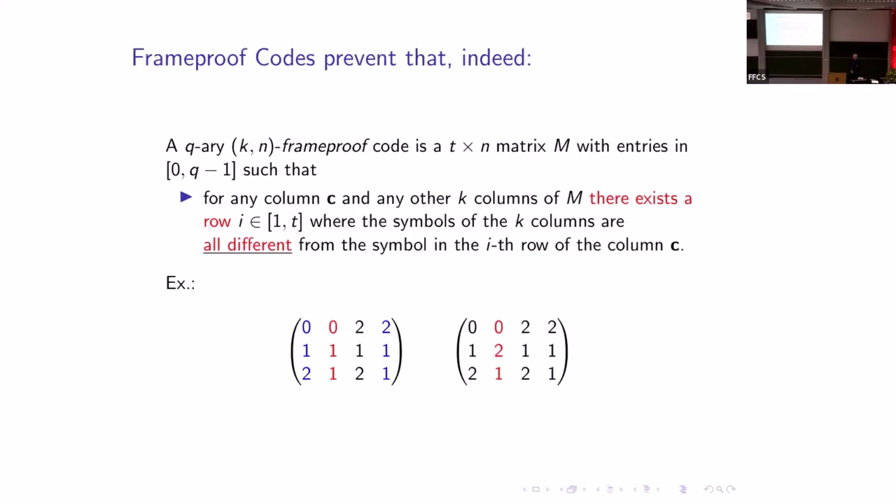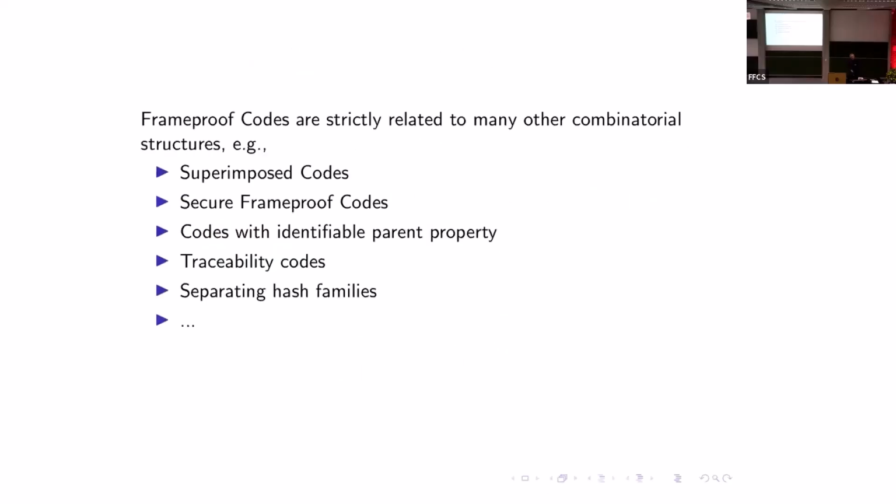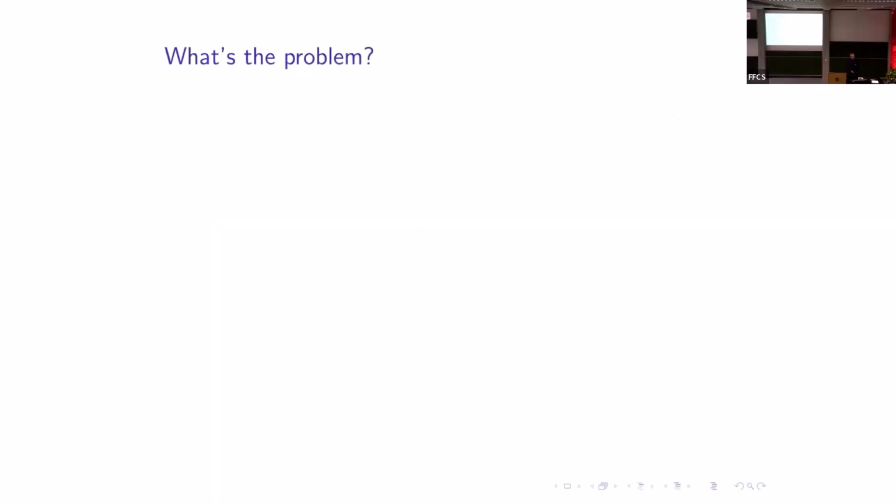In this other case, instead, as you can see, in the second position the signature of the red guy cannot be reconstructed by the blue coalition. And so this is essentially because the code is a frame-proof code.